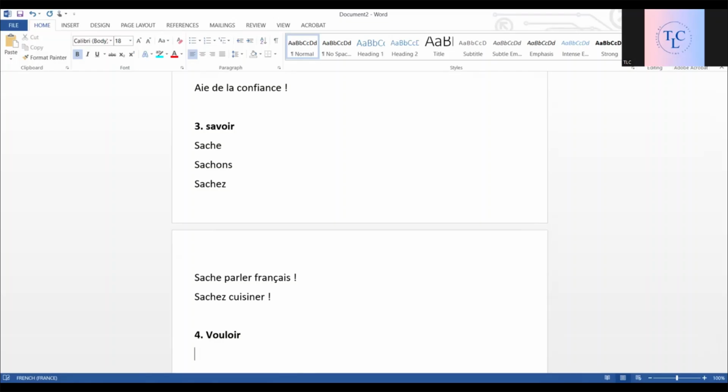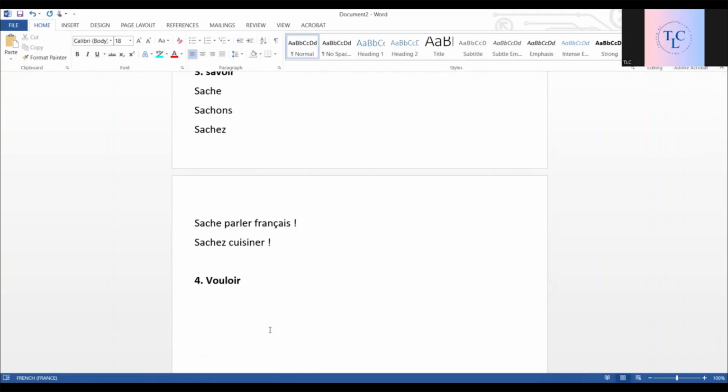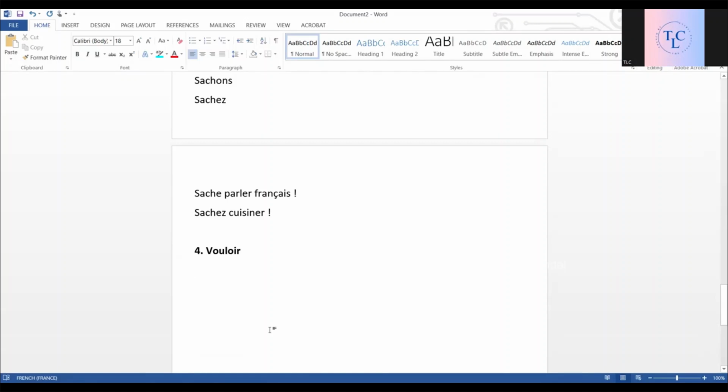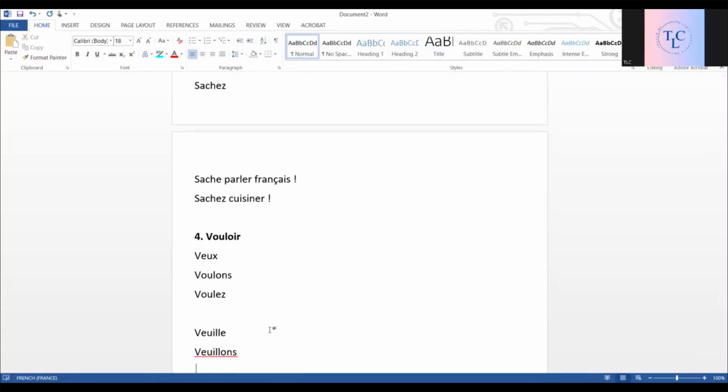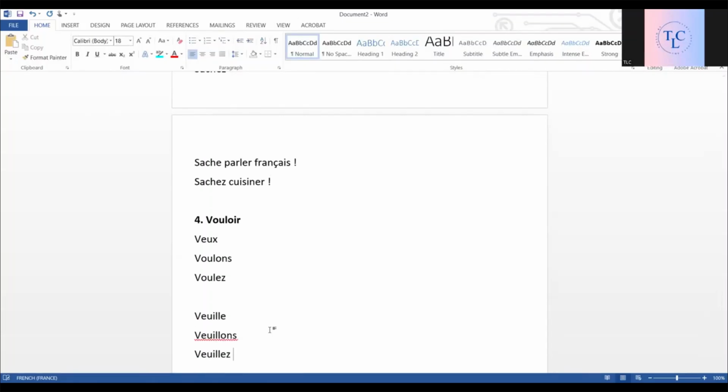And lastly, we have vouloir. Vouloir is very different in the imperative. Sometimes we have the same form, voulons, voulez. Yes, this exists. But in other contexts, we have veuille, veuillons, veuillez.